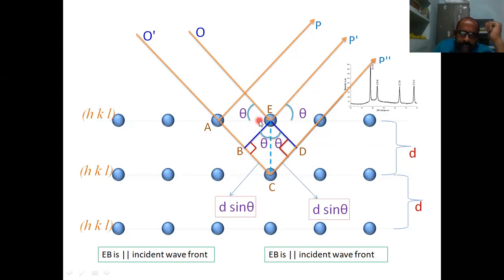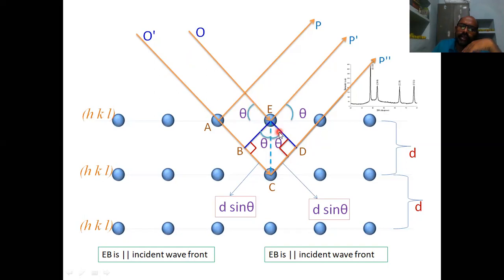Then it is the normal, 90 degrees. This is 90 degrees. And we are observing one straight line OED. OED is a straight line, so the angle on this straight line is 180, from here to here.